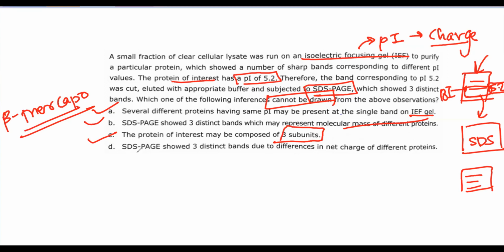The last option says SDS-PAGE showed 3 different bands due to differences in net charge of the protein. This is an incorrect statement because our first step was that we separated it based on charge, and now they are saying that there are different charges, which is not possible. So definitely option D is an observation that we cannot draw from these results.